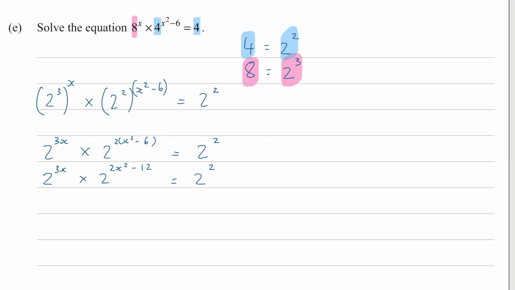So in this example, x squared times x cubed becomes x to the power of 2 plus 3, which is x to the power of 5. So over here, we'll have 2 to the power of 3x plus 2x squared minus 12. So we added the powers to bring it into one exponent term.